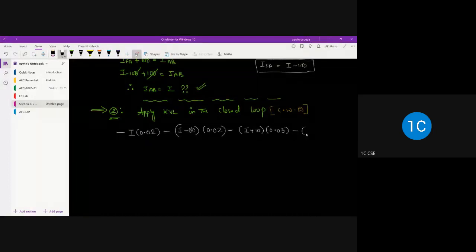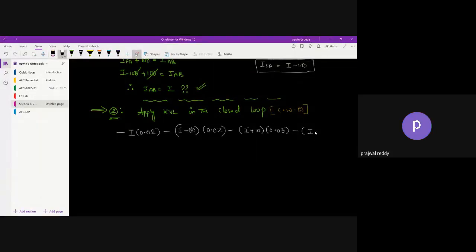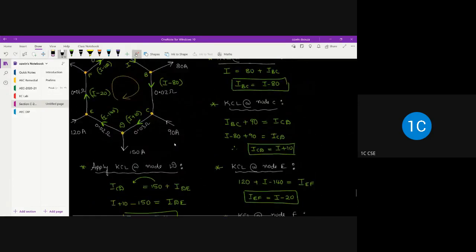Keep telling me. Then minus I minus 140 into 0.02, sir. Okay, and minus I minus 120 into 0.01, sir. Is it 120 or 20? One second, sir. 20, sir. Sorry, sir. 20.